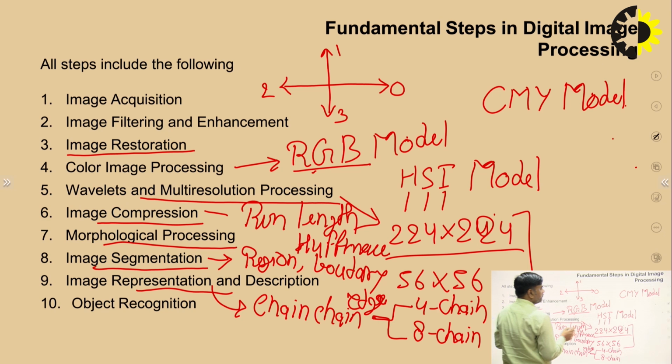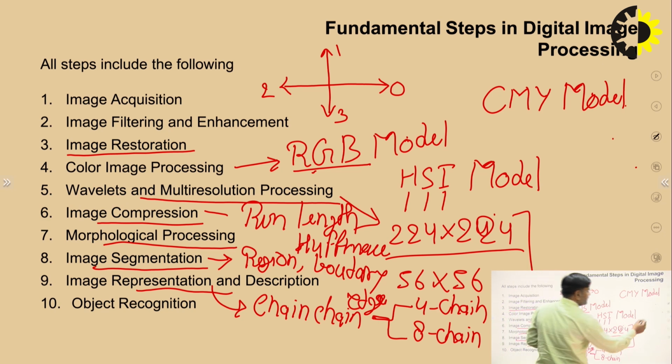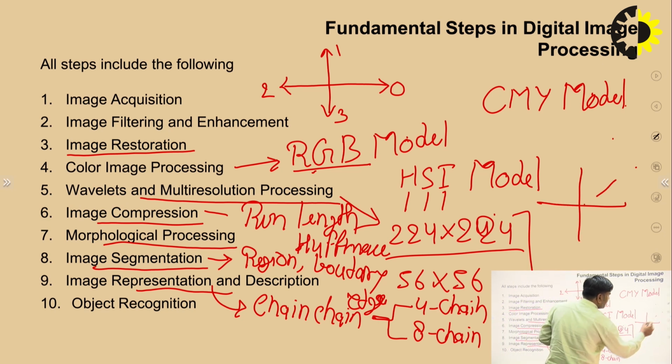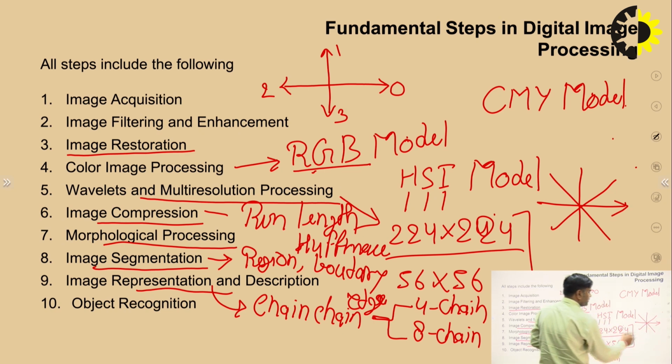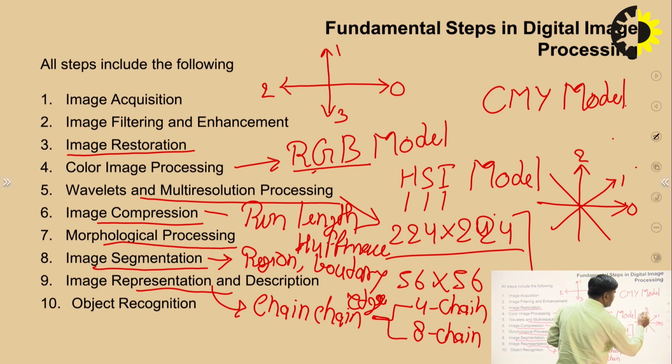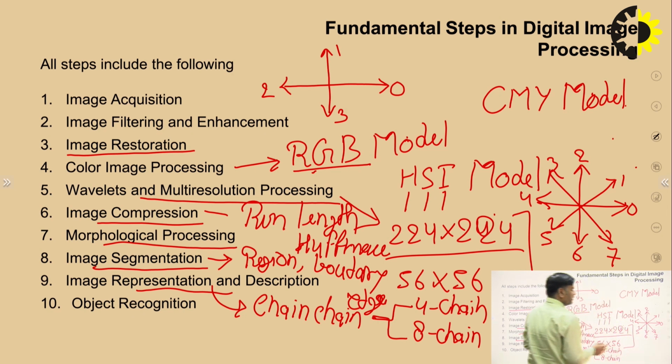This is for 4 chain code, and this is for 8 chain code, means 0, 1, 2, 3, 4, 5, 6 and 7. These are the symbols used for taking the chain code from a particular image.